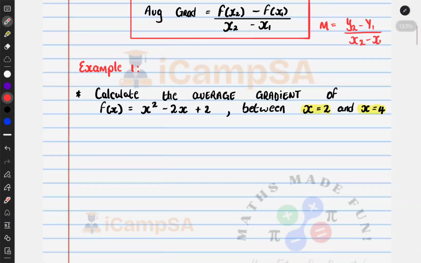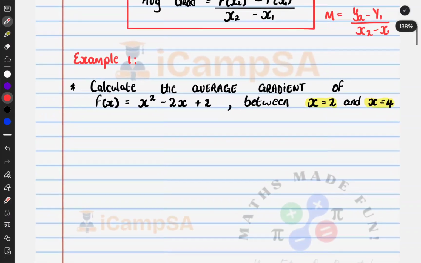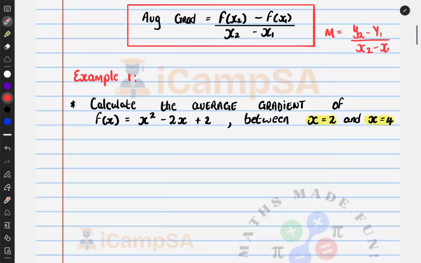So for example 1, we are given that function of f at x is equal to x squared minus 2x plus 2, and we are asked to calculate the gradient between x is equal to 2 and x is equal to 4. So first thing first, we need to find the corresponding y values for these x values, and in order to do that, we have to take the function that we are given.